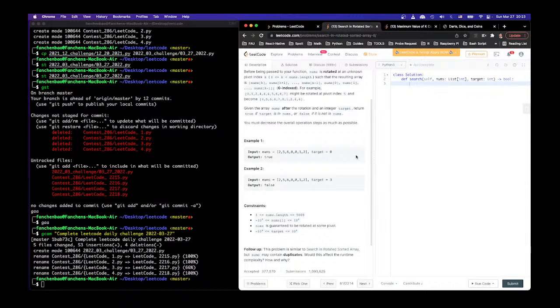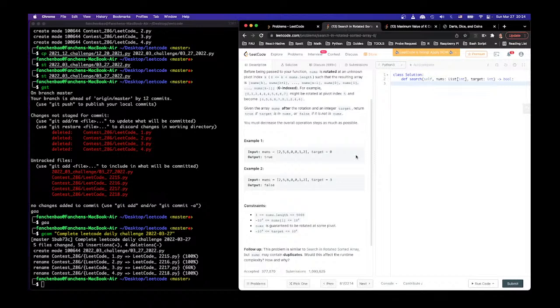We first compare the target to the left and the right. So if the target is larger than the left, then it must be on the left-hand side. If it's smaller than the left, what's going to happen?